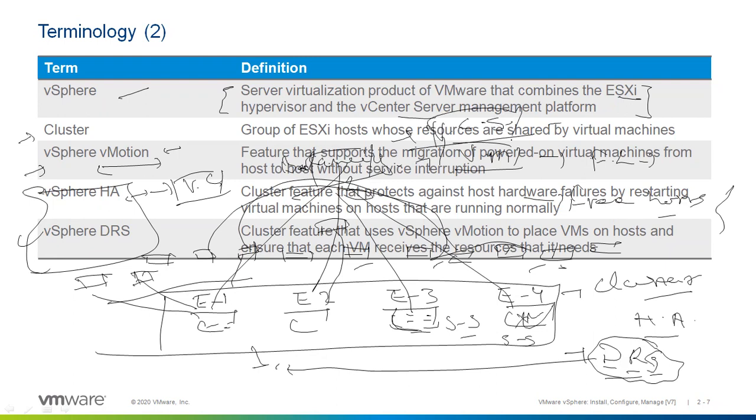As I said, you can also manage the hosts individually, but in a production environment, all the hosts will primarily be managed by a vCenter Server. If there is some problem in connectivity and they are not showing up, then we access the individual console of the host and can see what is actually happening there. All right, any question so far?